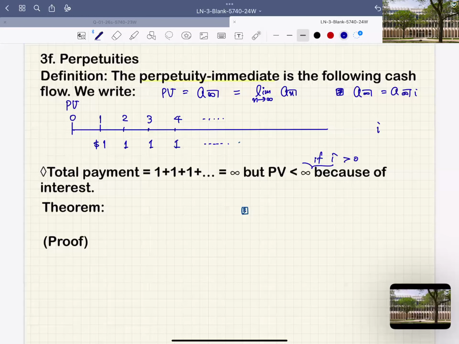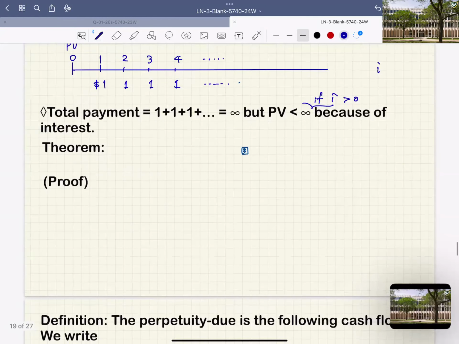Because of interest, the $1 in the distant future is worth much less than $1, and that value decays exponentially fast. So that makes the present value of this finite. And to be exact, a angle infinity sub i is equal to 1 over i.